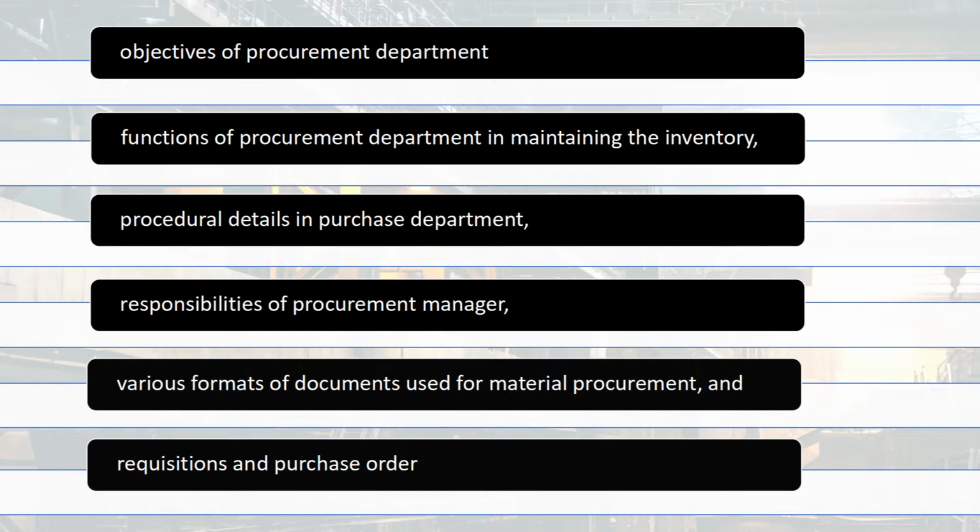You will also learn the responsibilities of the procurement manager and the various formats of documents used for material requirement or material procurement. What do you mean by requisition? What is meant by purchase order? These are small terms, but if you understand them, it will be beneficial for your knowledge.